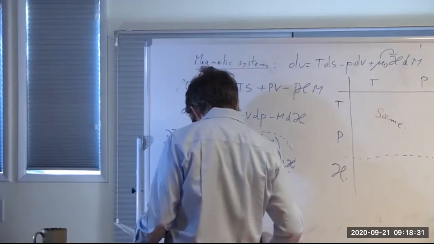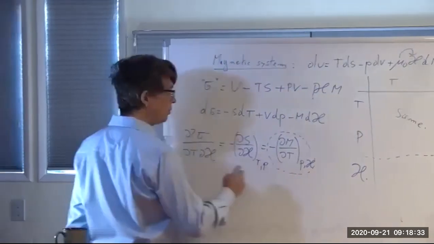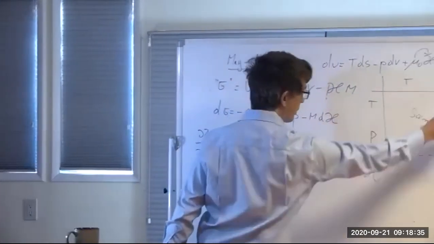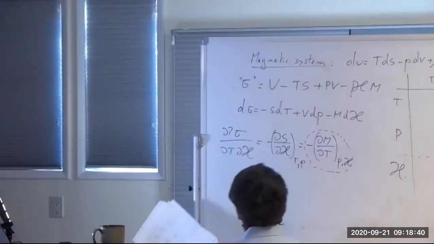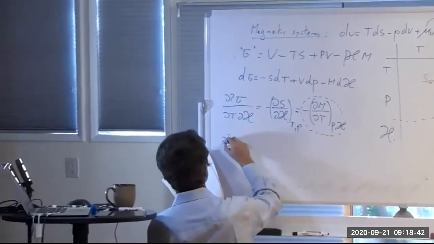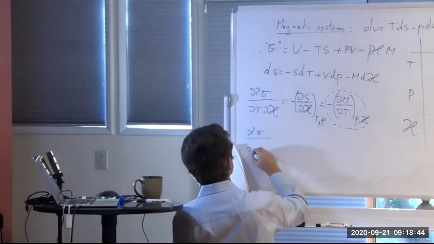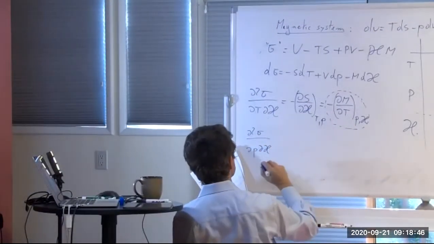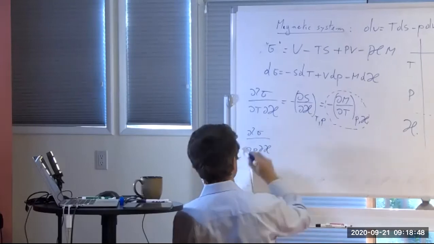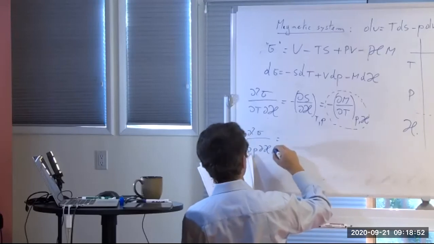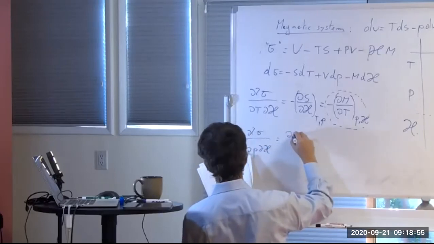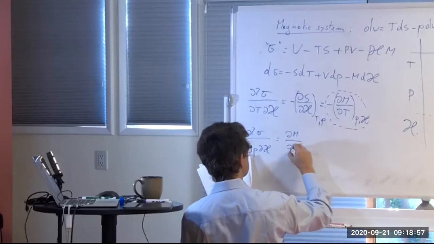So let's do another one. Let's do the one with pressure. Let's cross pressure with magnetism. Let's see what that's going to give us. So we get d squared G dP dH. The pressure derivative is going to give us volume. Or if I take first H, then I get dM dP.